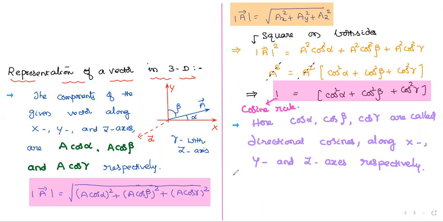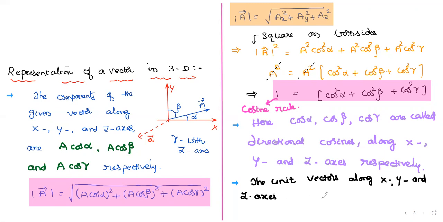Suppose I want the unit vector only along the x-axis. This is the last one. I'm going to wind up after writing this. The unit vectors along x, y and z axis, already we know i, j, k.